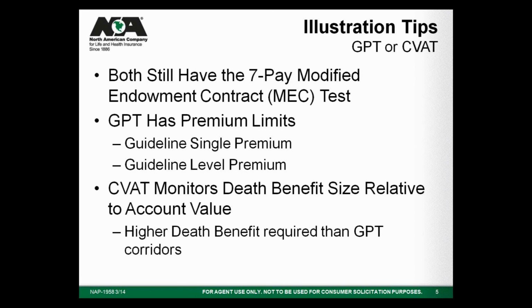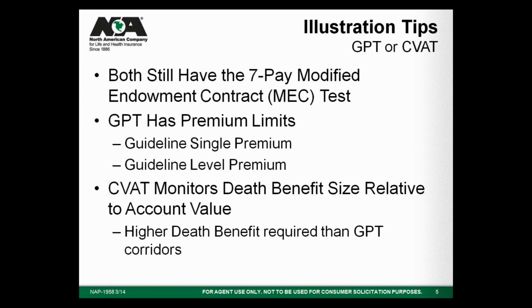Now, when you're running CVAT, we use this a lot for one of our sales concepts called the smart money, where we're basically taking large sums of money, putting it into a product, making it a MEC, so that's fine, and just utilizing it that way. And normally on CVAT, you just run with the level pay.